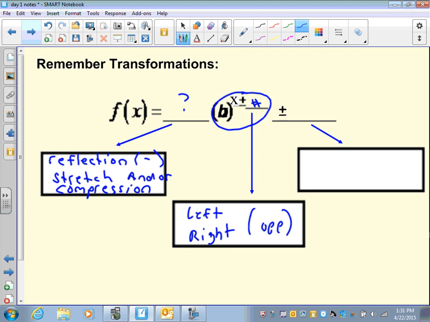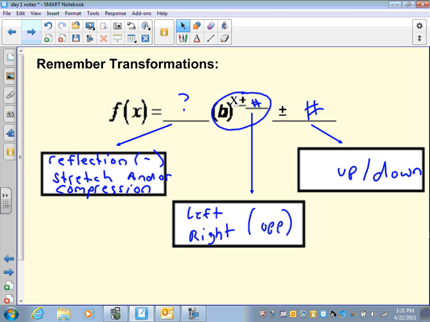Now, outside the function, if I'm adding or subtracting any number, it shifts it up and down. And that goes according to, if it's positive, it goes up. If it's negative, it's going to go down.